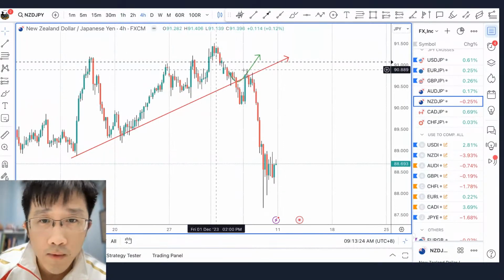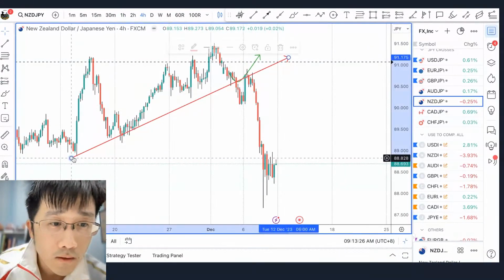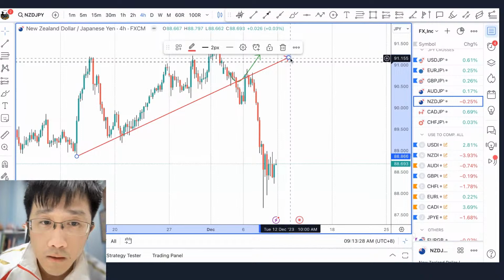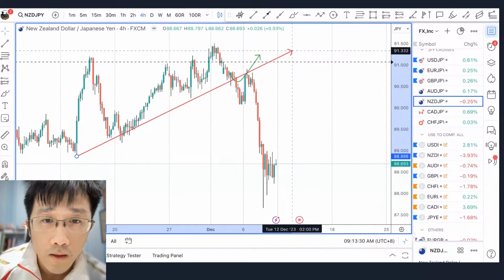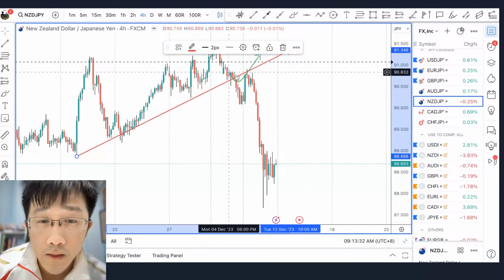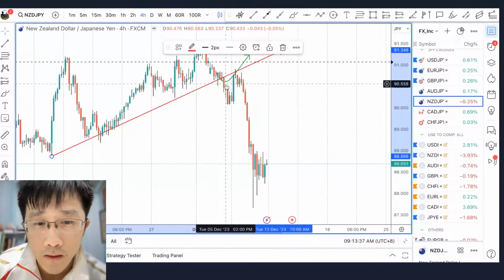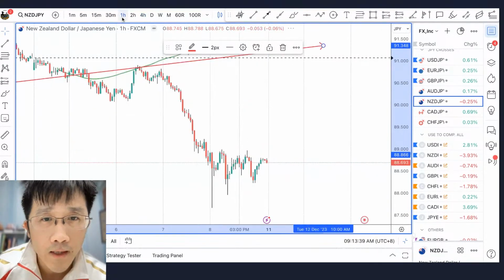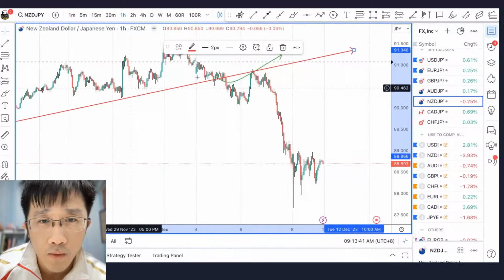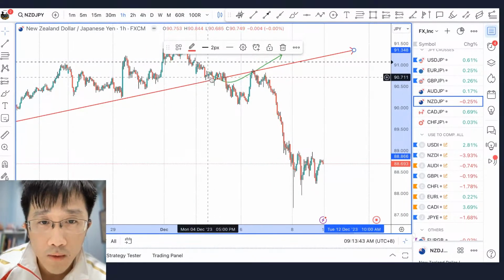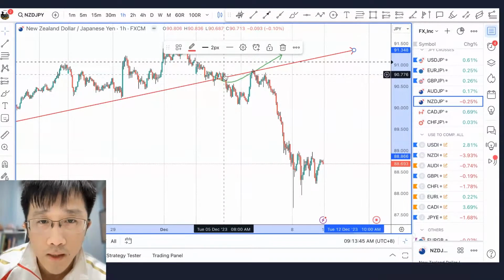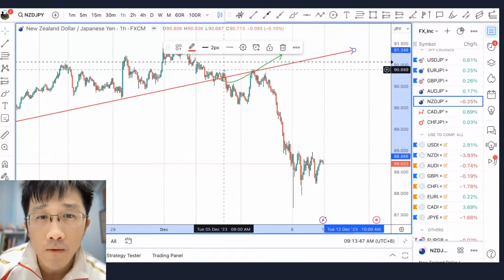Going back to this analysis, this was the trend line I was mentioning, looking for it to at least hold, but it didn't really hold up. On the 1 hourly, Monday and Tuesday, it didn't break out of this consolidation.